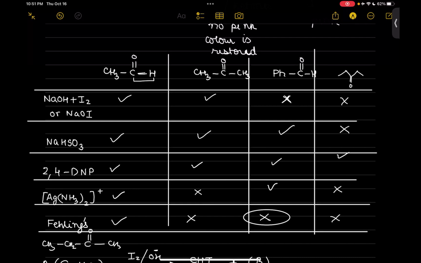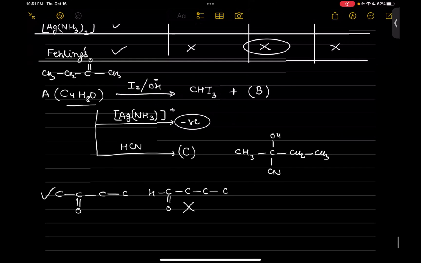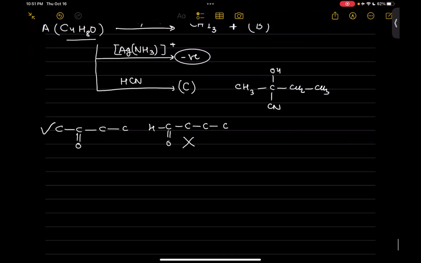And this is the overall profile of this laboratory test. So let me start with the carboxylic acids.